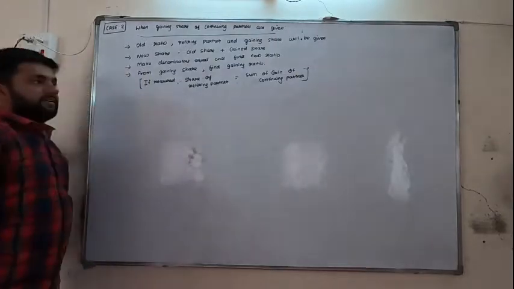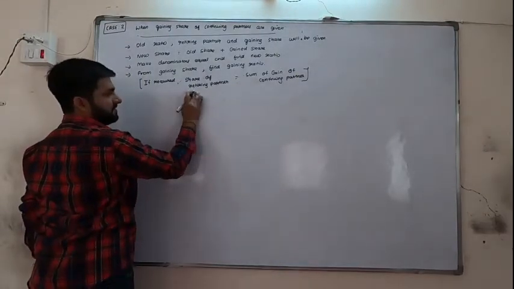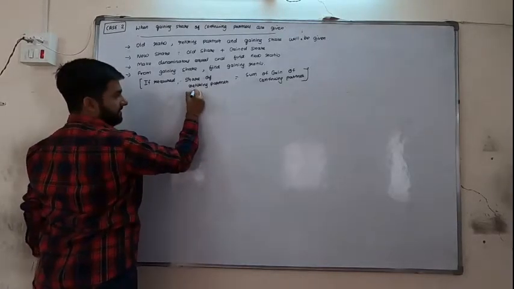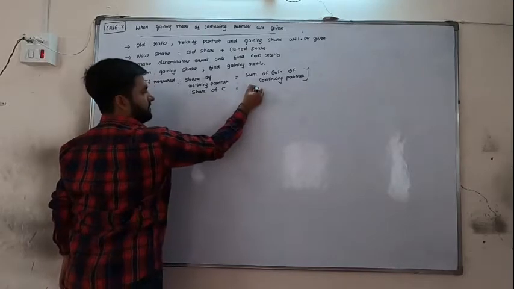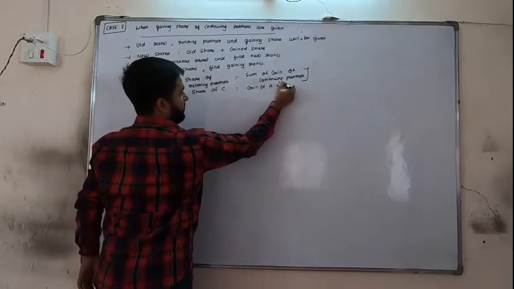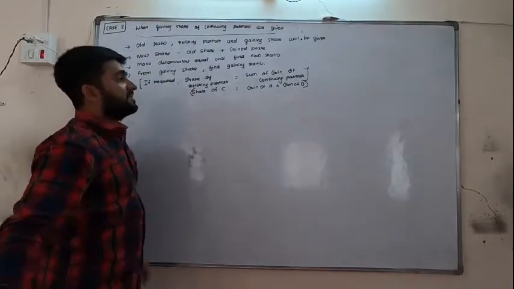Sum of gain of continuing partners means, if C is retiring, then share of C is equal to gain of A plus gain of B. So if you want, you can write this as an expression.